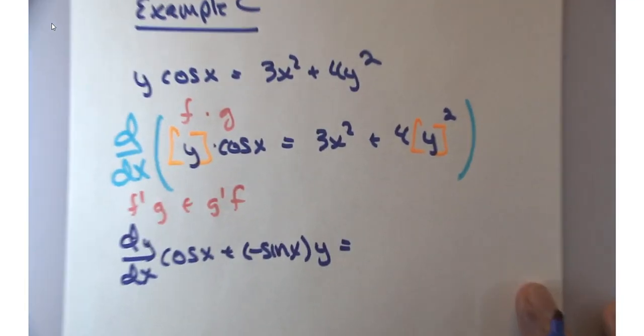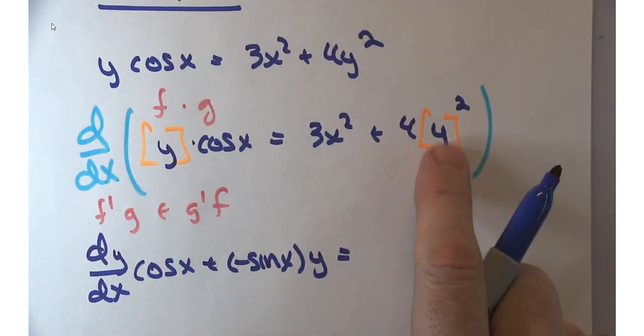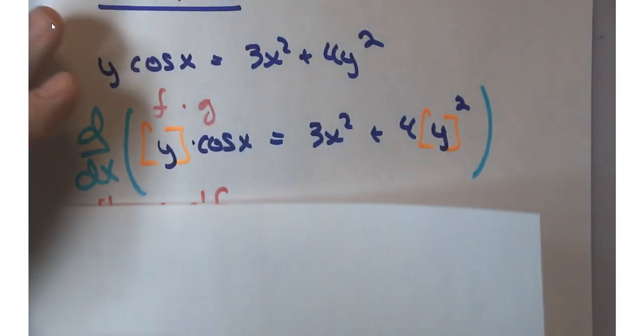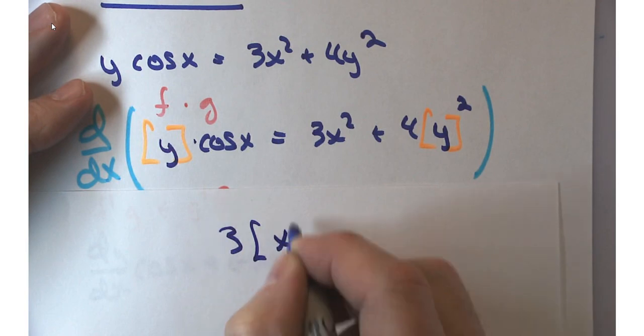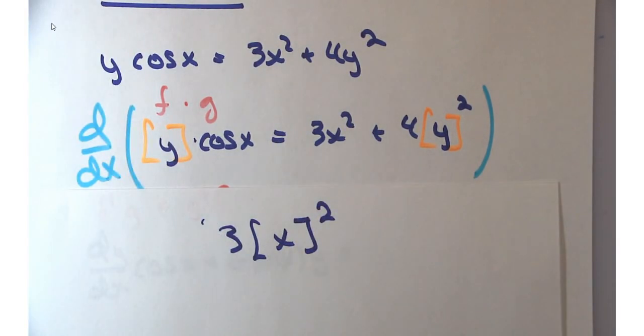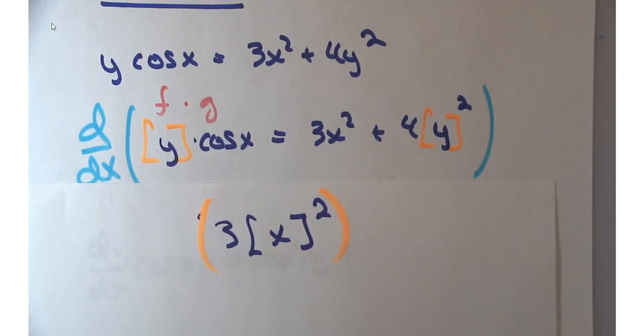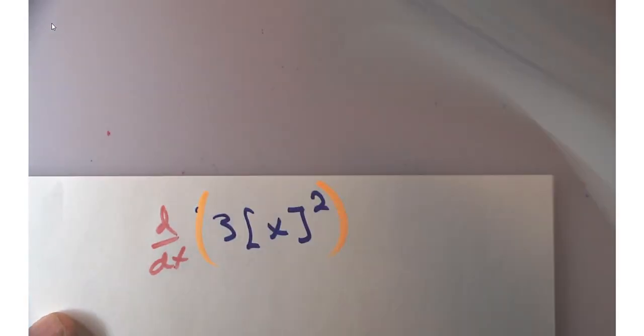Let me illustrate something with 3x squared. Because some of you might be a little confused, well, how come we don't get that crazy stuff when we differentiate the 3x squared? Suppose I write this as 3x squared, and we're going to differentiate with respect to x here. I'm going to take d by dx.